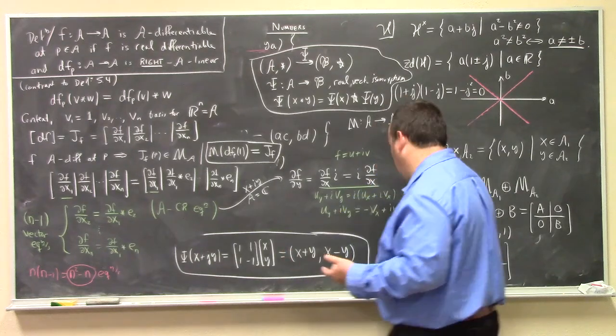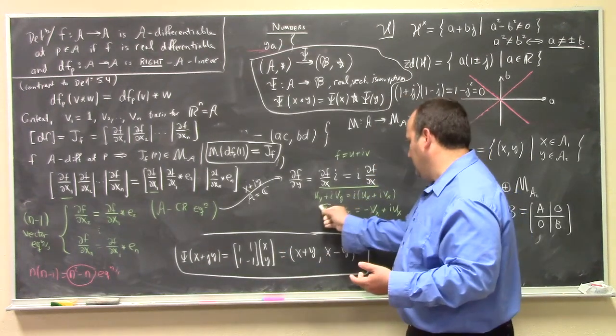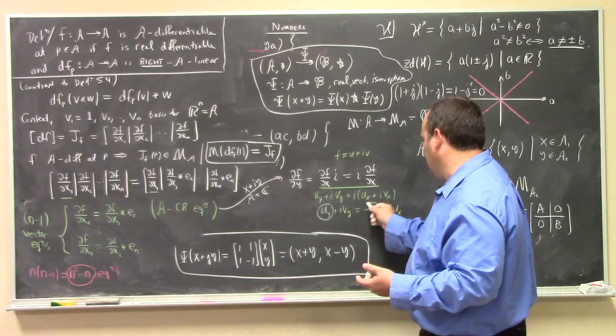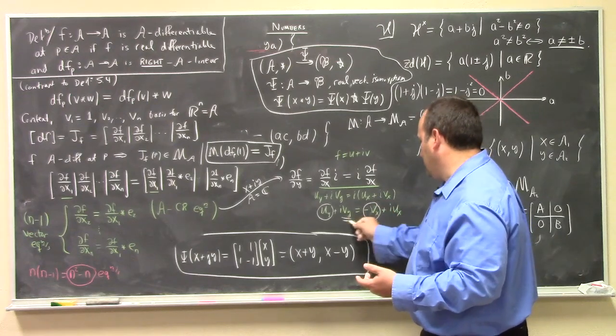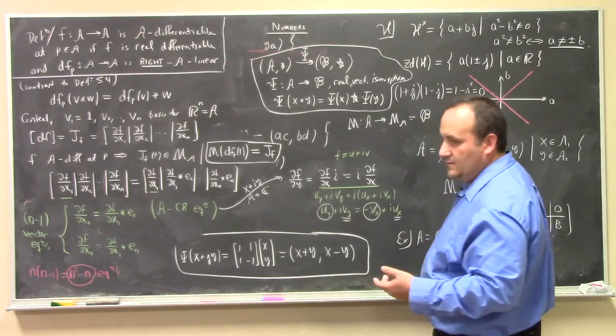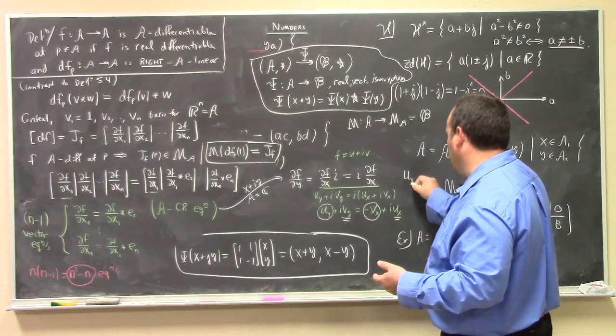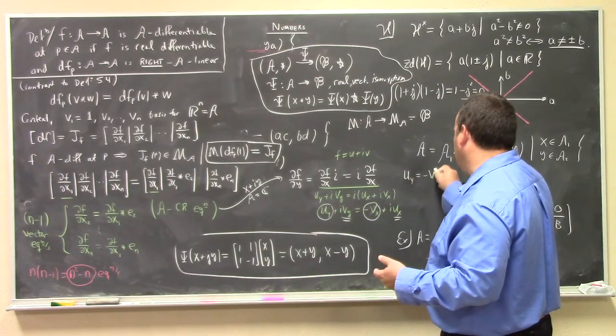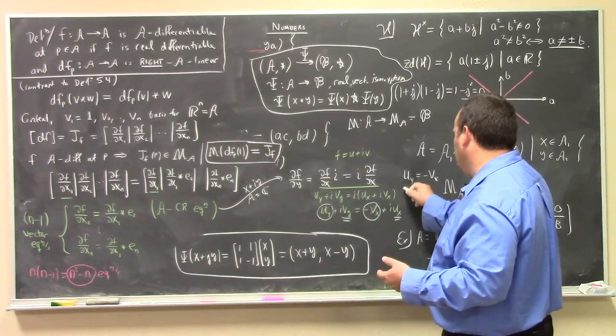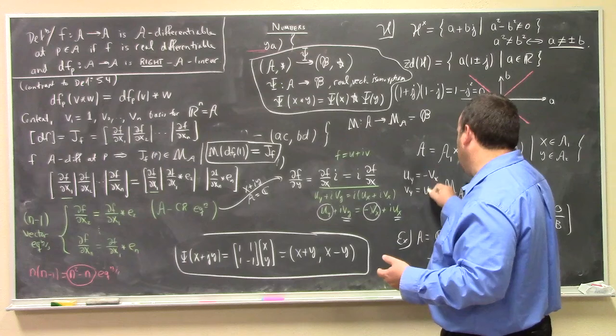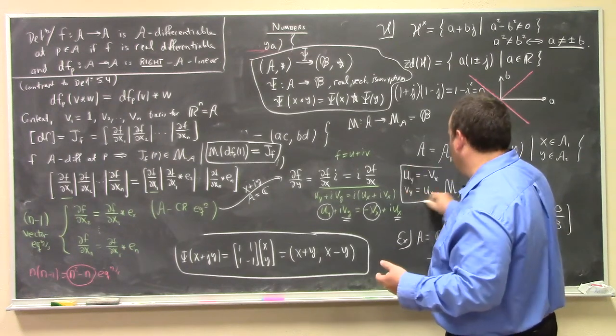So equating, this has to be equal to that, and this has to be equal to that. Those are the usual Cauchy-Riemann equations we teach complex variable students, like uy equals minus vx, and vy equals ux. These are the famed Cauchy-Riemann equations of complex analysis.